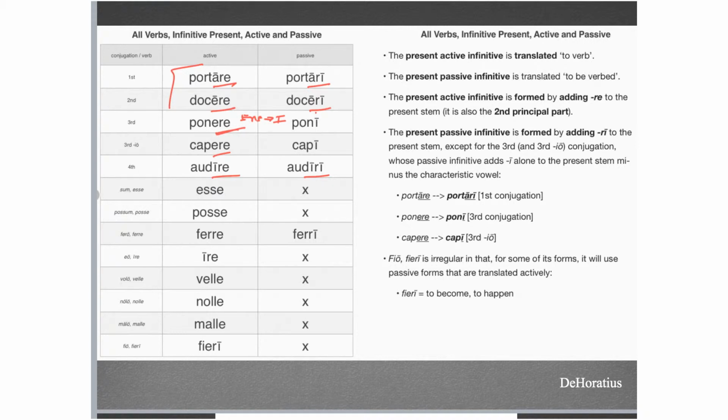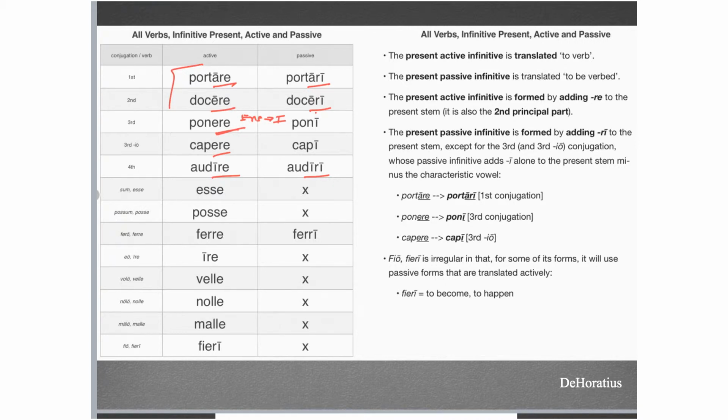It's a relatively difficult form to recognize, mostly because that -i on a verb is more commonly associated with the third principal part, that perfect active indicative, first person singular. It's a much more commonly used form than the present passive infinitive, and so you have to watch out for it.